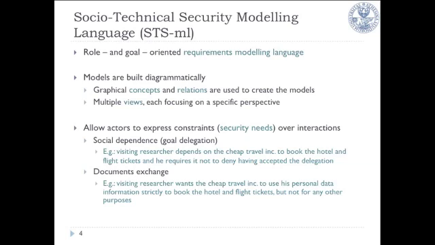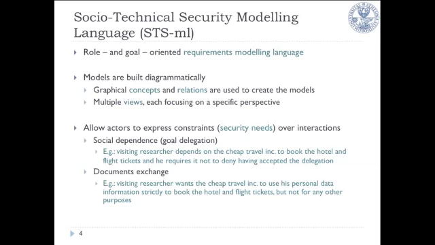On the other hand, information is what we mainly would like to protect and not allow others to manipulate as they like. So for instance, when the visiting researcher wants to book a flight or a hotel, he would have to provide to the travel agency a copy of his passport, or an ID document that is needed in order for them to book the flight or the hotel.